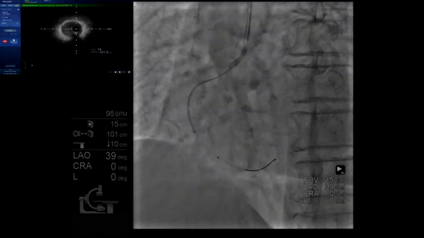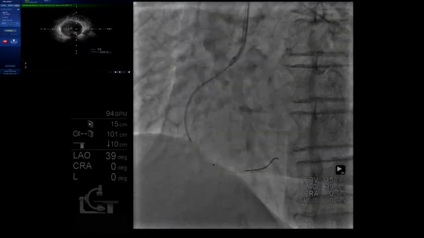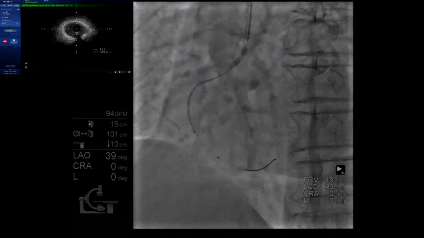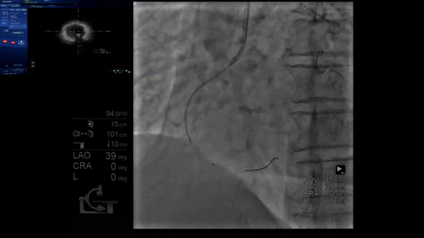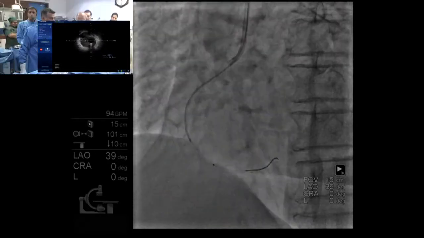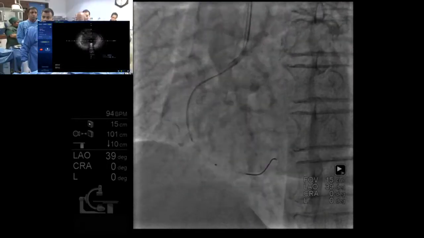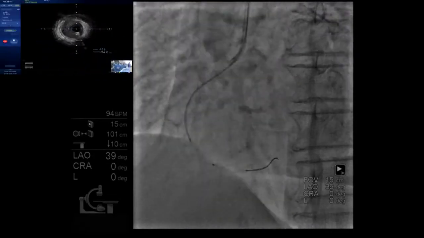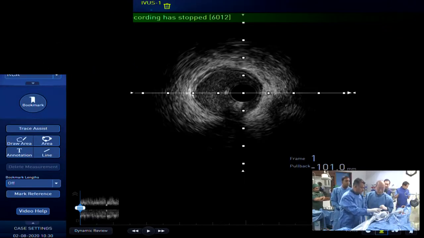Let's see the IVUS now. It's a currently normal vessel. So let's see the IVUS image. The panel can see the IVUS, right? Yes, we could. So you're pulling back from the mid RCA.